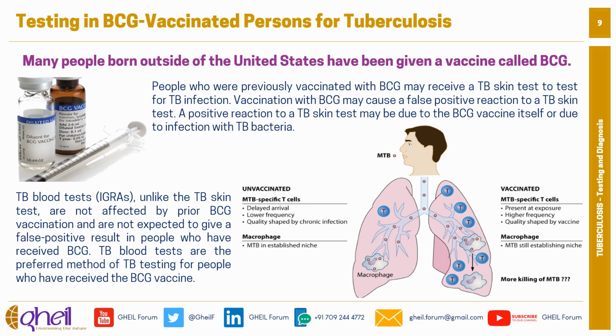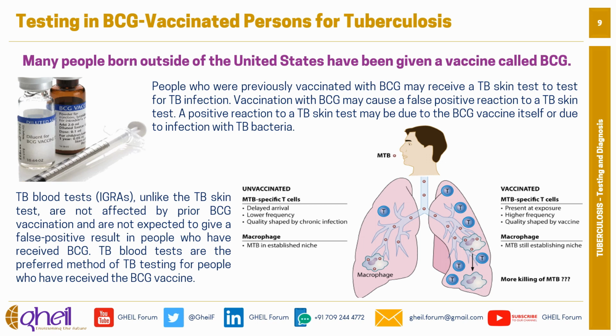Testing in BCG-vaccinated persons for tuberculosis. Many people born outside of the United States have been given a vaccine called BCG. People who were previously vaccinated with BCG may receive a TB skin test to test for TB infection. Vaccination with BCG may cause a false positive reaction to a TB skin test.